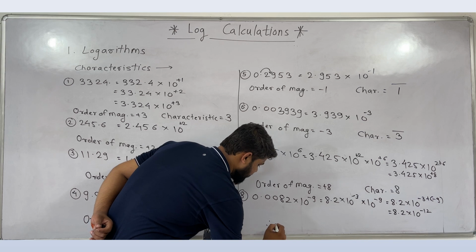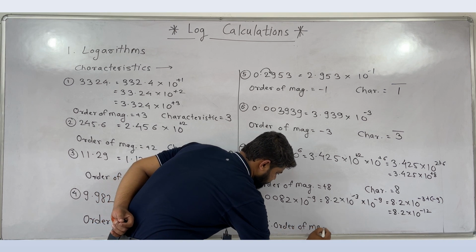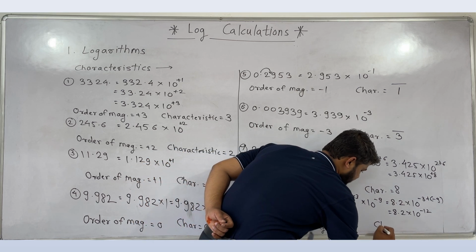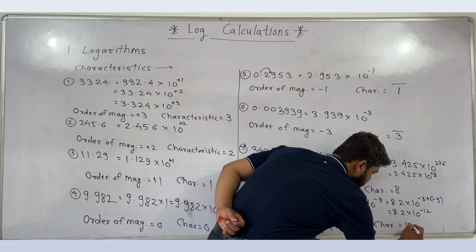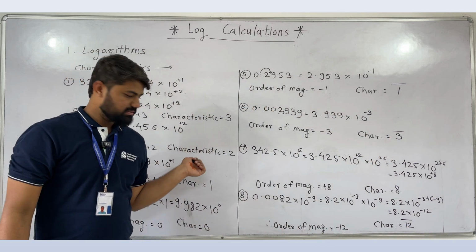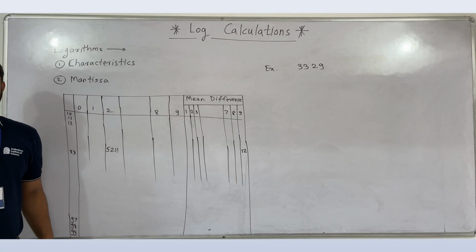Therefore, the order of magnitude will become minus 12, but the characteristic will be written as 12. So, like this we can find the characteristic of any given number.